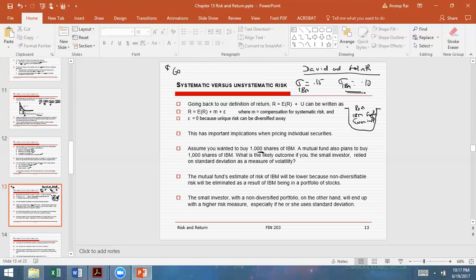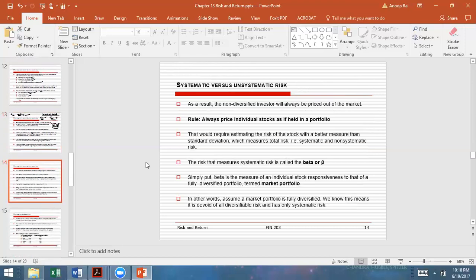But the mutual fund, which has the same stock, will say, oh, that's not as risky as this, so I'll be willing to pay 70 for it because it's a little less risk. So guess what? You will always be priced out of the market. Because the mutual funds, when they calculate the same stock held in a portfolio, will have a lower risk and therefore will be willing to pay more for the stock.